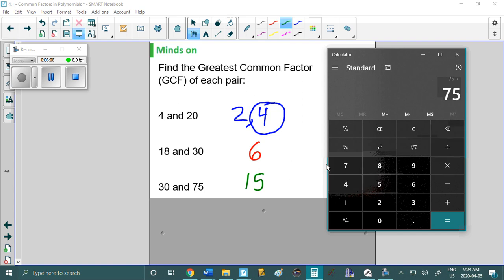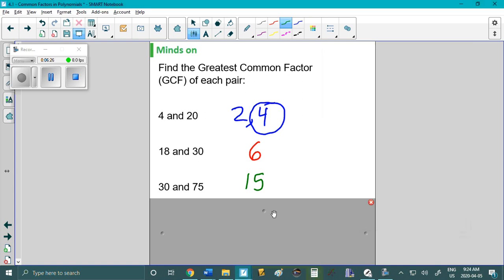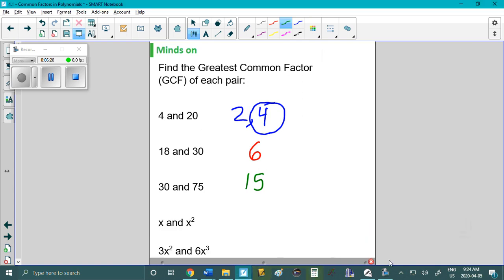Let's try 75 divided by 15 is 5, so it works. And let's try 30. We know it goes into 30, obviously. Let's do 75 divided by 30. Doesn't work, so 15 is our answer. And this idea of finding common factors is going to be a huge part of today and the rest of the unit.